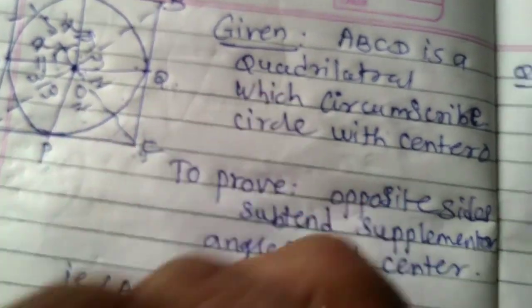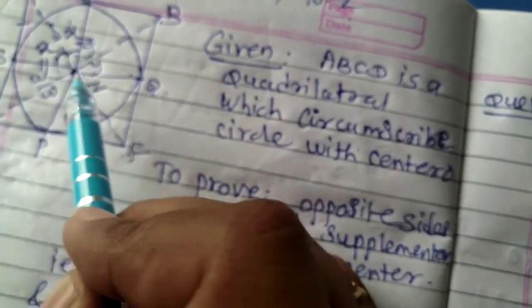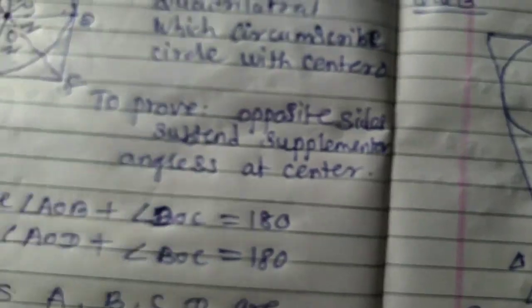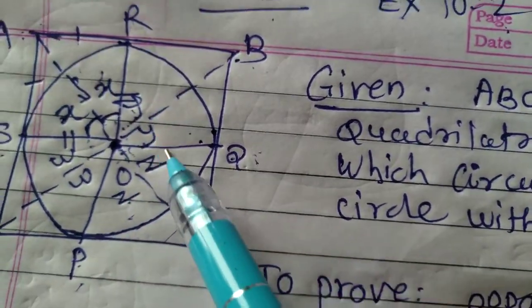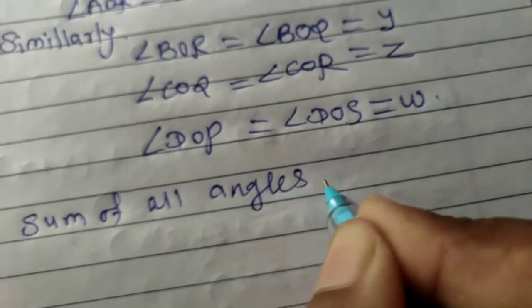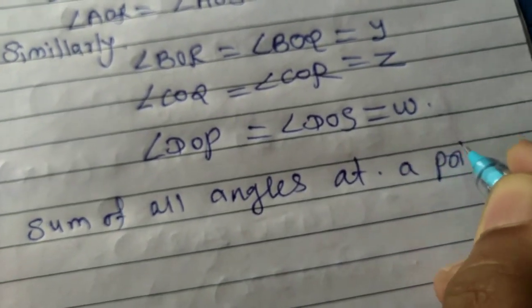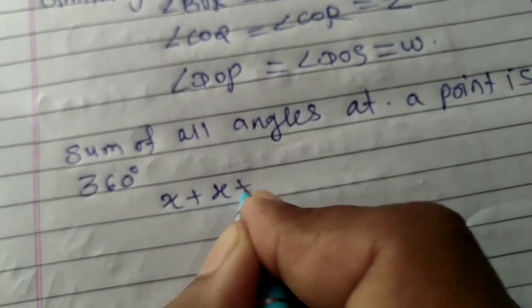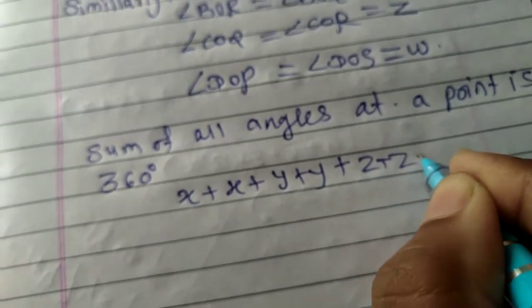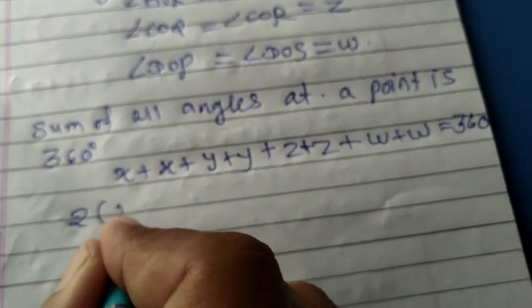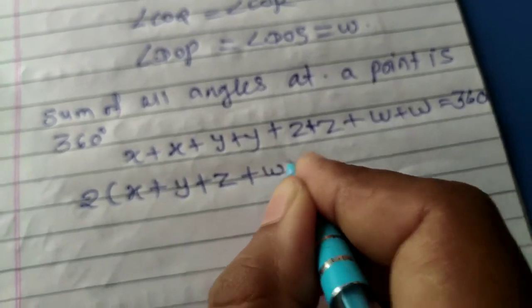Sum of all these angles is 360 degrees. From the figure directly you can write x plus x, y plus y, z plus z, w plus w equals 360 degrees.